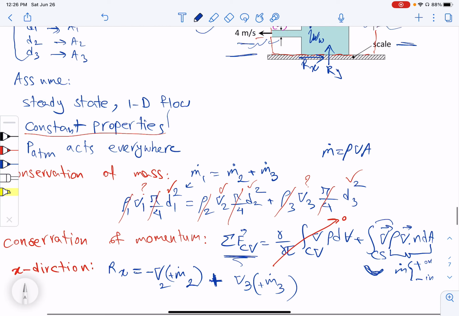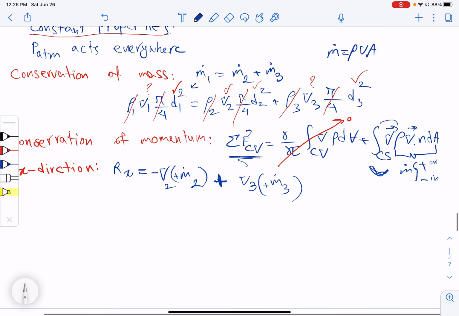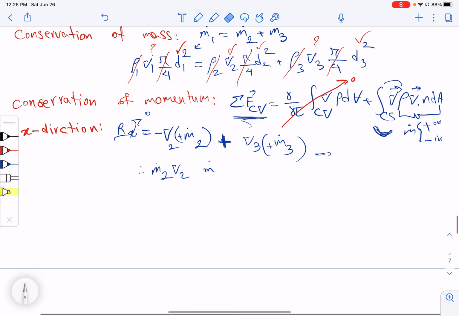Now if we look at the question, it said that the tank doesn't move horizontally, so it means that Rx is going to be 0. From here, if we rearrange it, we have m dot 2 V2 equal to m dot 3 V3.